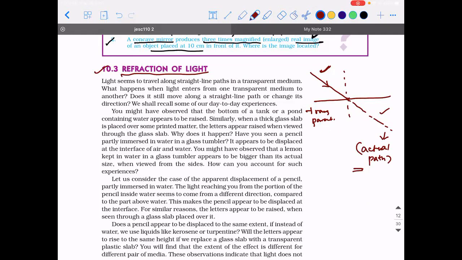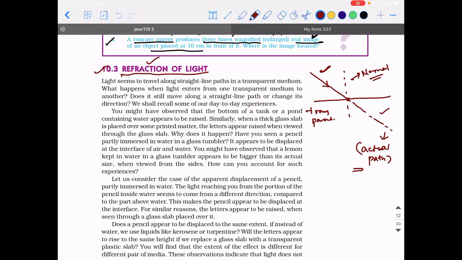Now, if there is a phenomenon where the light starts bending towards or away from the normal, that is what we call refraction of light. So basically, refraction is nothing but the bending of light when it is traveling from one medium to another.